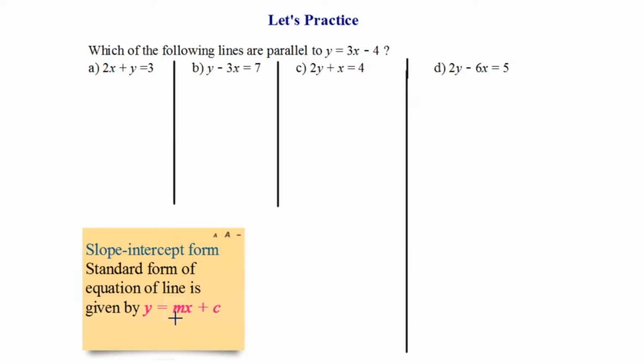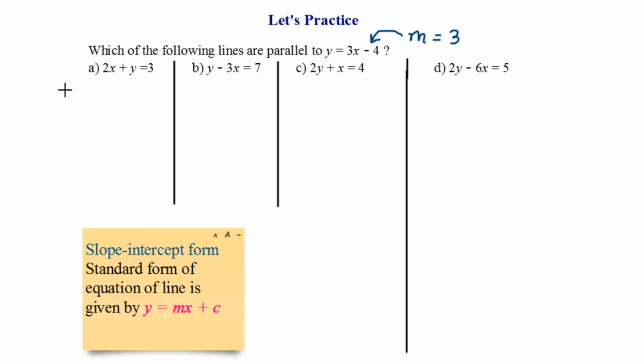First, let's use this to find the gradient of the given line. The given line is y = 3x - 4 and hence the gradient of this line is equal to 3, right? Now, we'll check from each of these given lines which line has a gradient of 3.